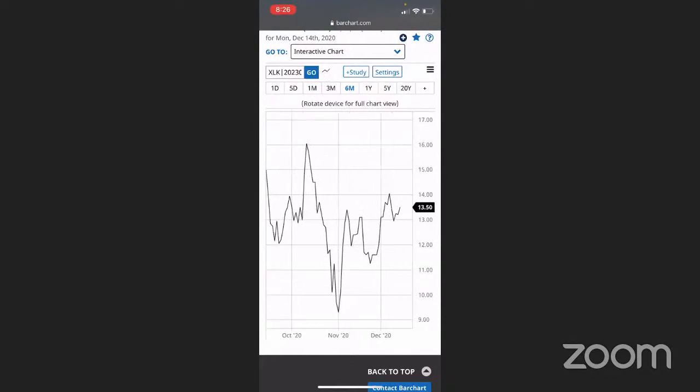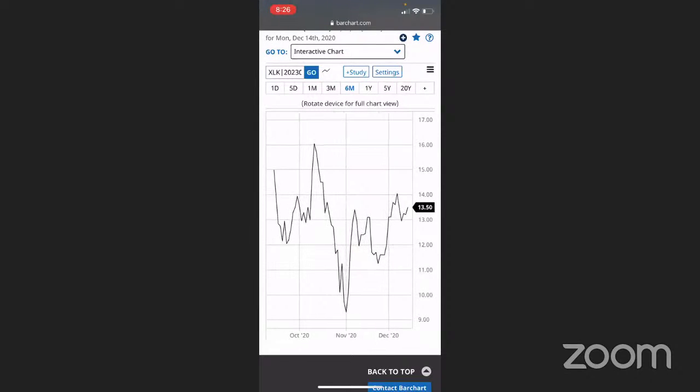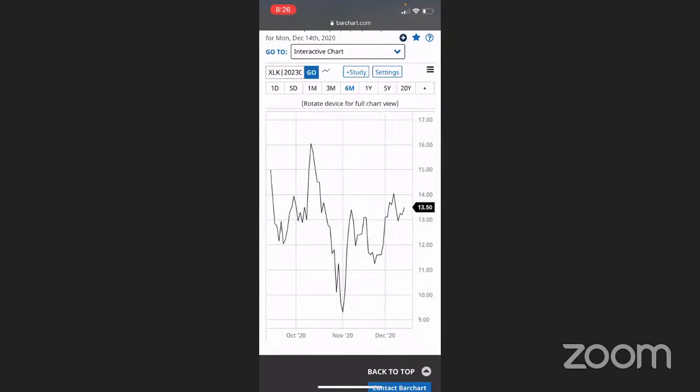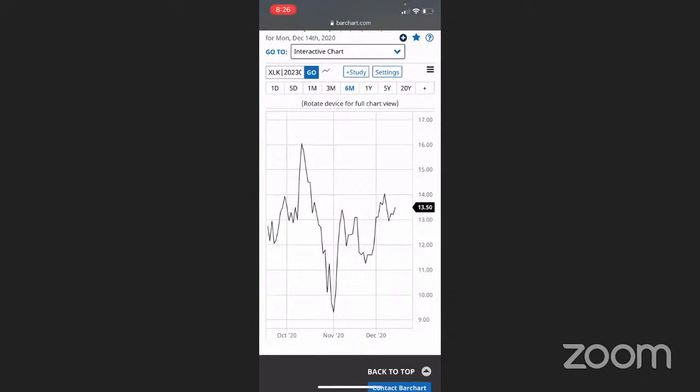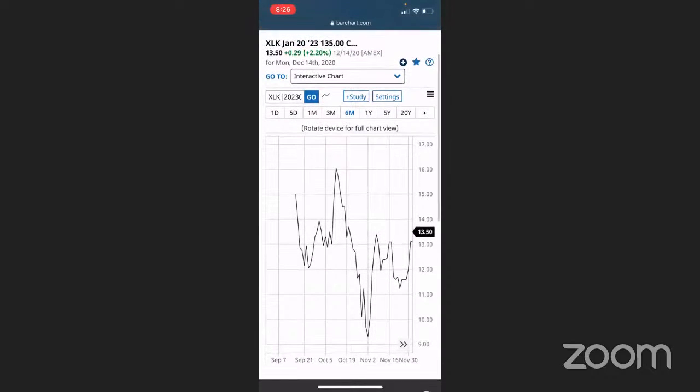It's now $1,350. So if you wanted to buy, this is still at a decent price. It's in the middle, not at the high and not at the low. Going into 2023, I expect our price target for XLK to be closer to the 160-ish. It's going to be past 160.